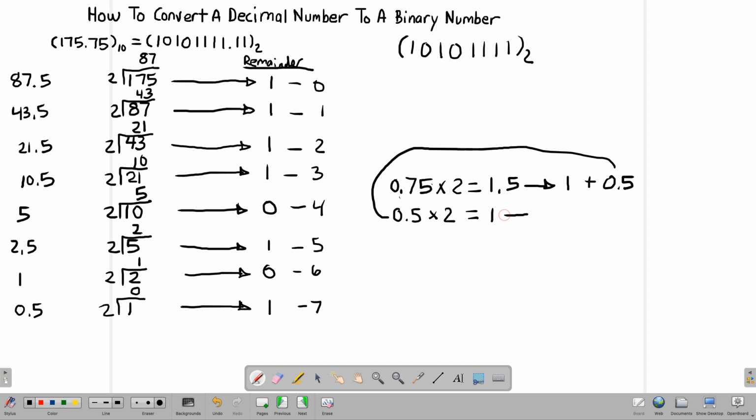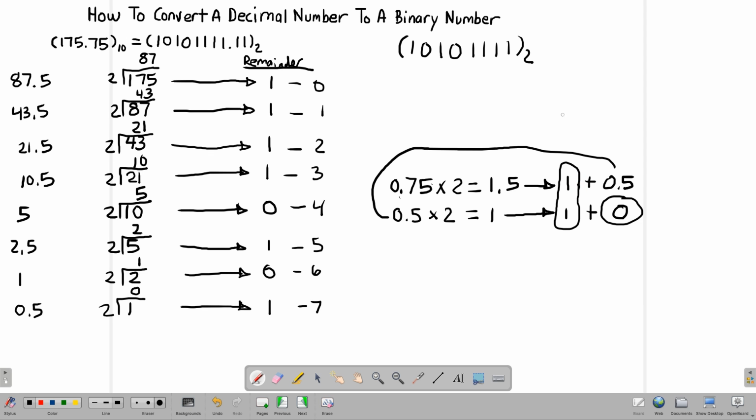Now this can also be represented as 1 plus 0. And since we have the value 0, that's our stopping point right there. So we need to go no further than that. So the actual digits that we're looking for is right here.